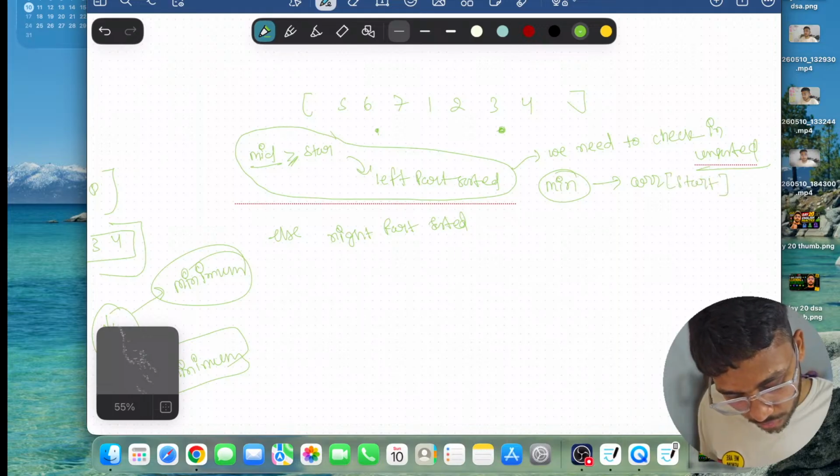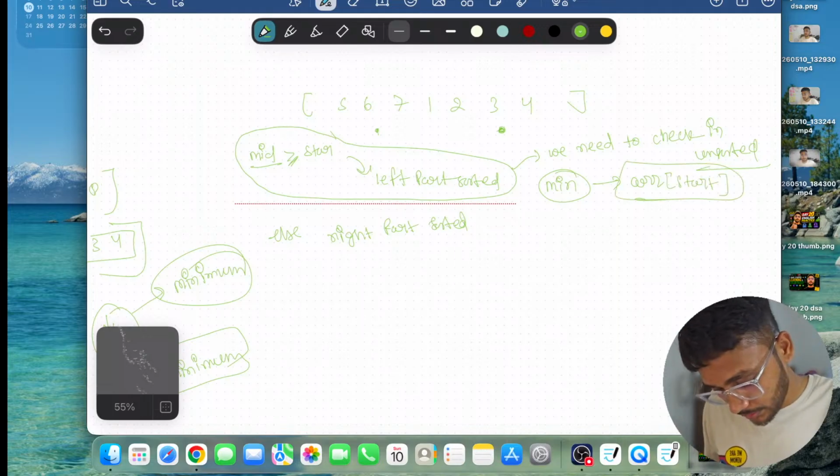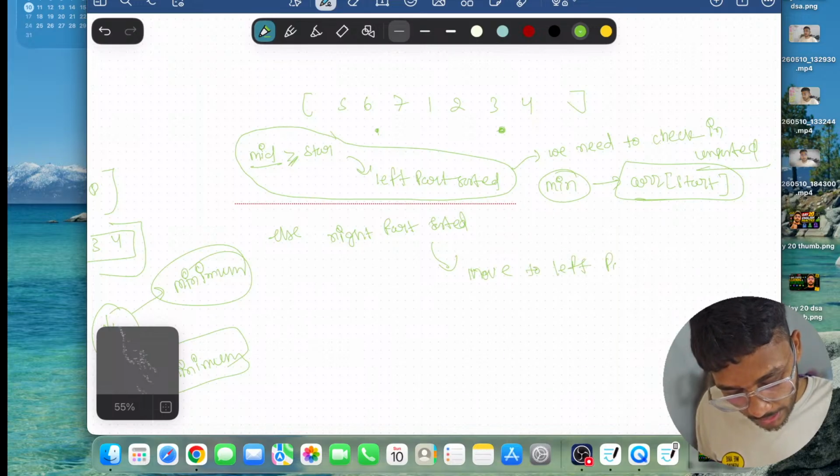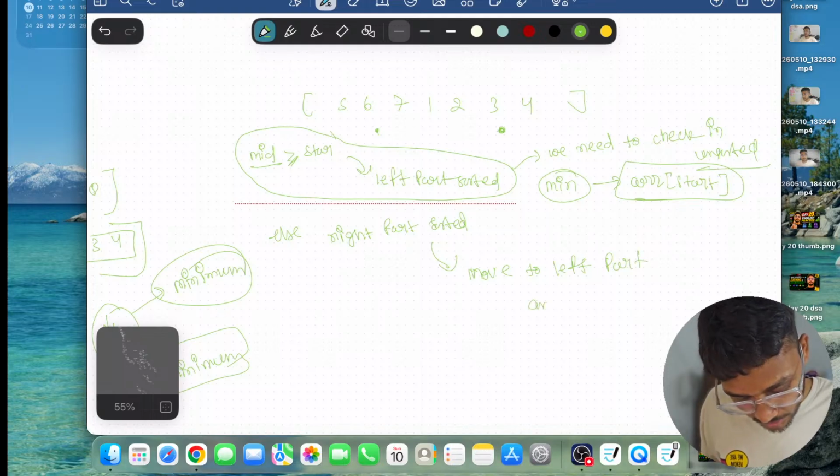And if it's the right part, that means the right part will be sorted, the last number will be larger and this one is smaller. That means we need to move to the left part, and the answer so far will be mid only.